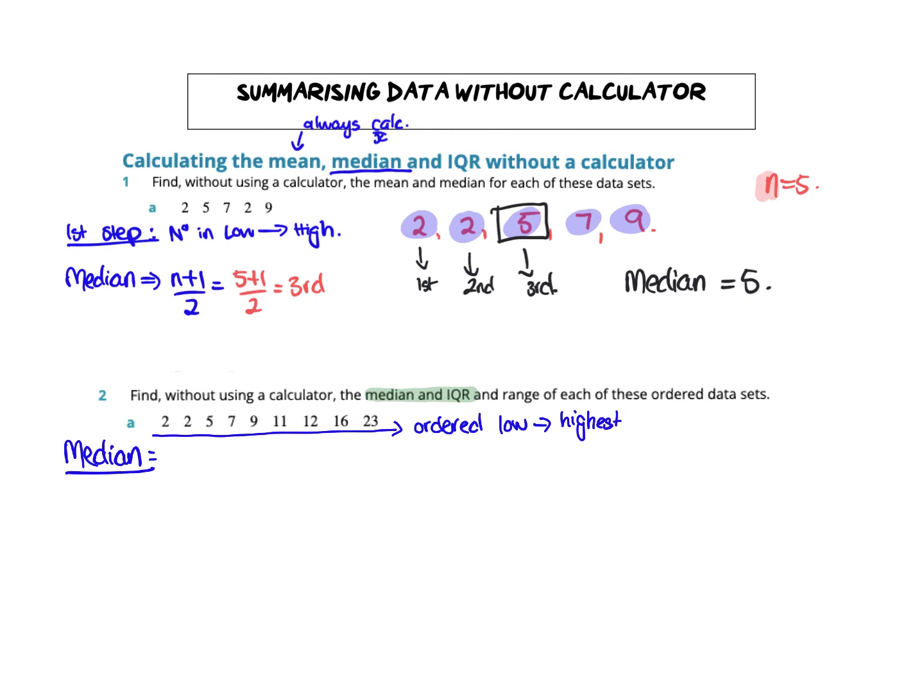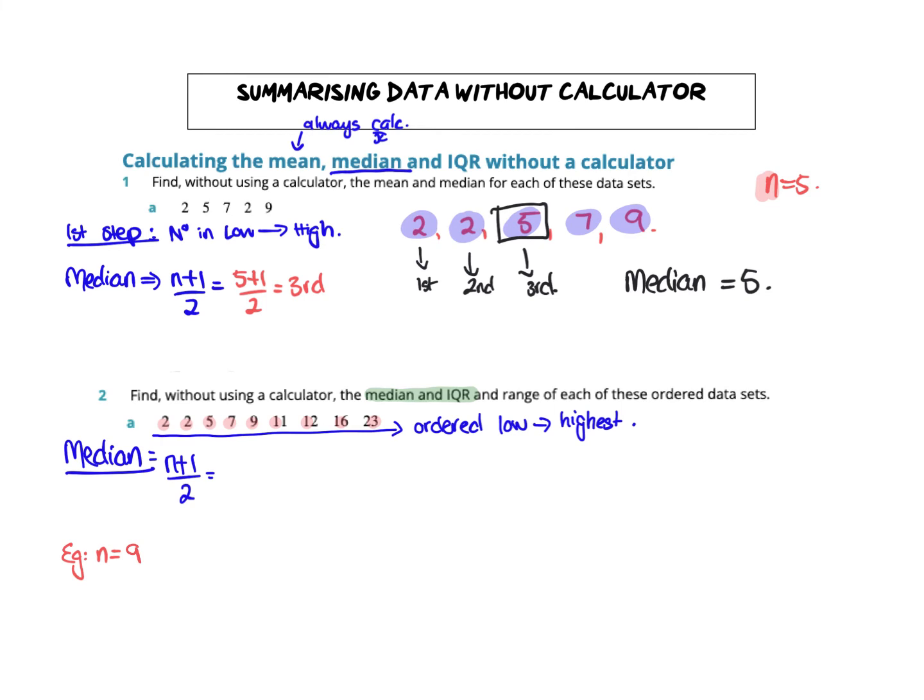Now we need to count. We know the median is at n plus 1 divided by 2. So what is n in this example? We need to count it up. We've got 1, 2, 3, 4, 5, 6, 7, 8, 9. We have 9, yes? All right, so n is 9.